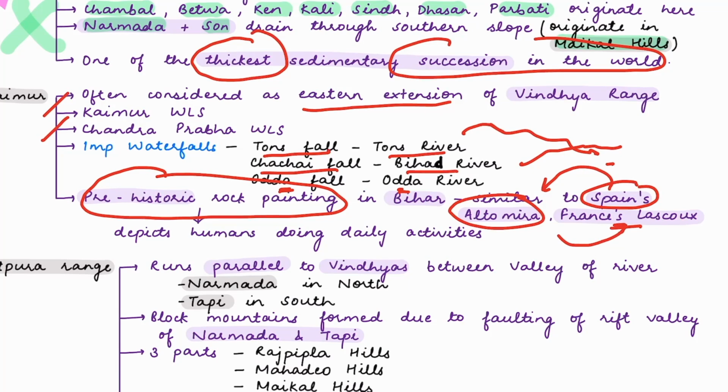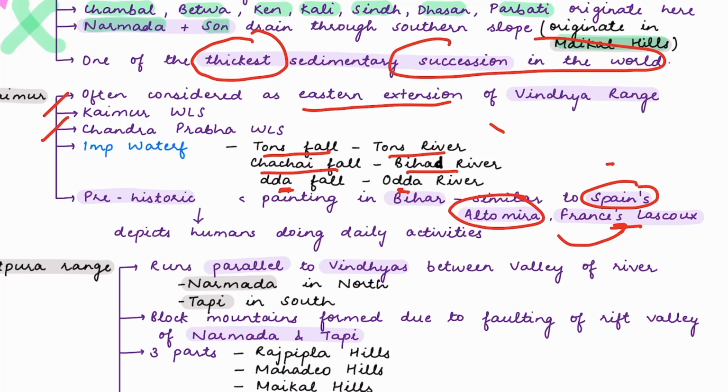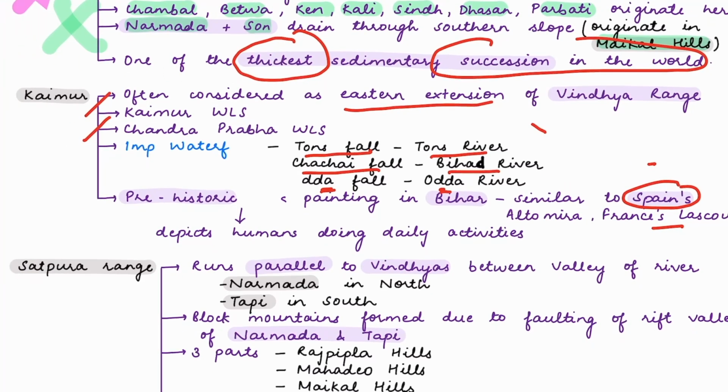So the paintings found there can be compared with them. And what is the nature of these paintings? In these paintings, humans have been depicted doing their daily chores. Okay, so this is about the Kaimur range.